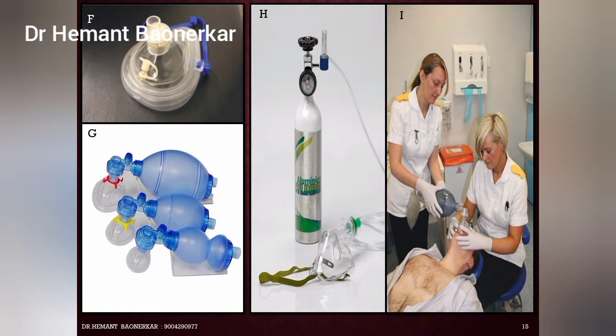In image C, it's an ambu bag with its mask. In image H, it's an oxygen cylinder for a dental clinic, a portable oxygen cylinder. In image A, we can see the use of the ambu bag when it's required on the dental chair.